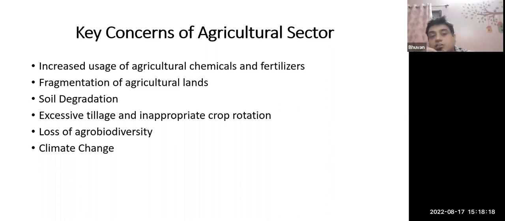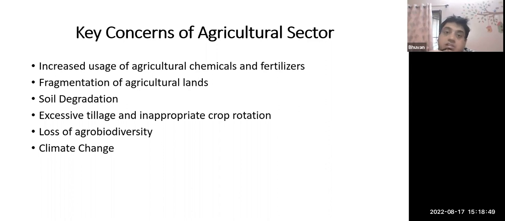Then we have the loss of agrobiodiversity, which causes an overall threat to the agro ecosystem. And then we have climate change. And mind you, in India the agriculture sector accounts for about 13% of GHGs, which are released because of the farm sector into the atmosphere, and which leads to global warming and climate change.